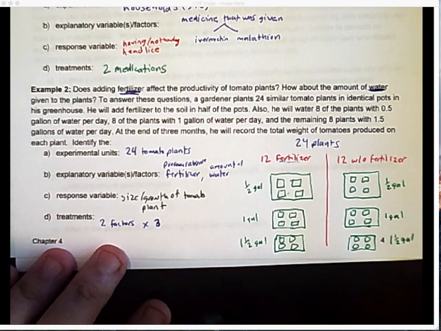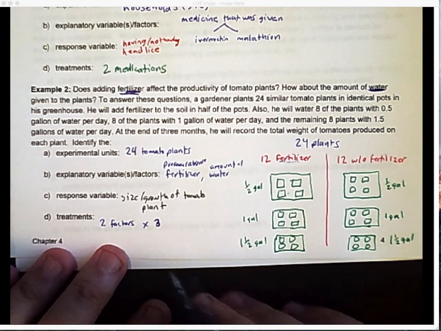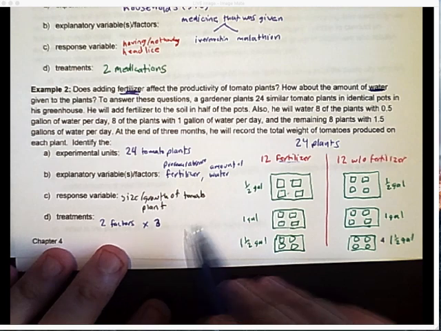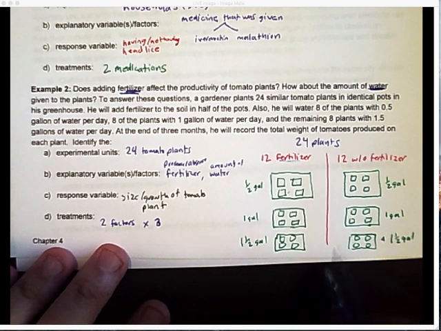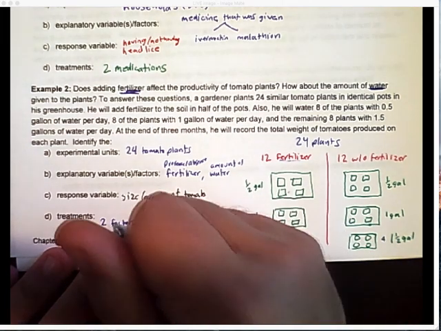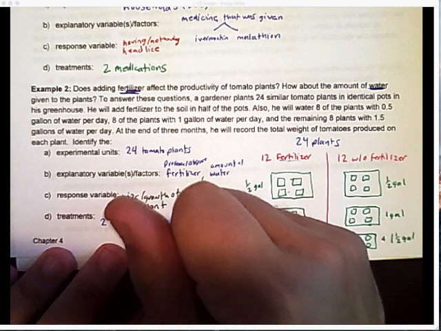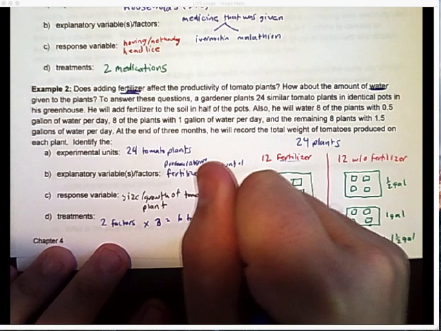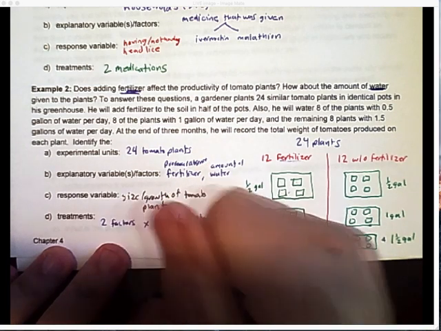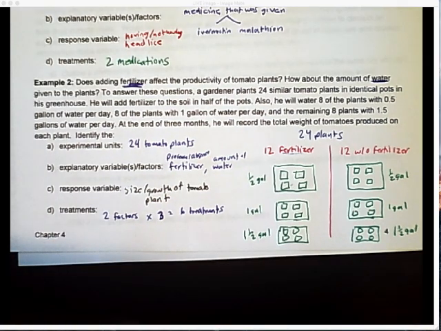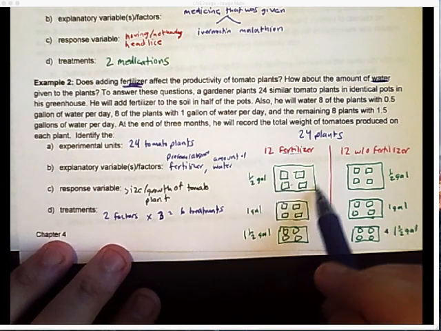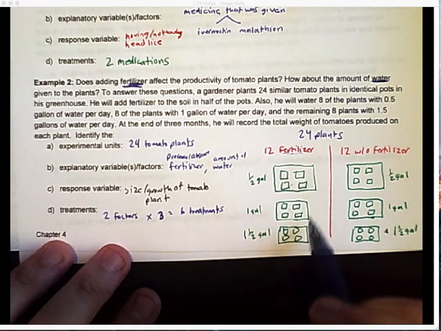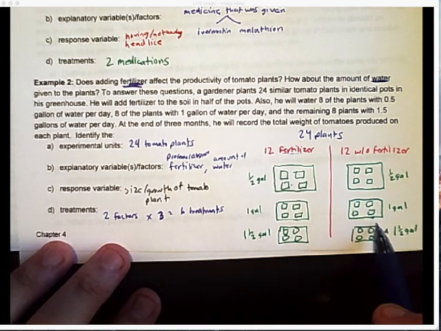And for each of those, there are 3 different criteria. So there's going to be 6 treatments. There's 2 factors times 3 to get treatments. There's 6 treatments, because if you look here, there's 6 boxes. 1, 2, 3, 4, 5, 6.